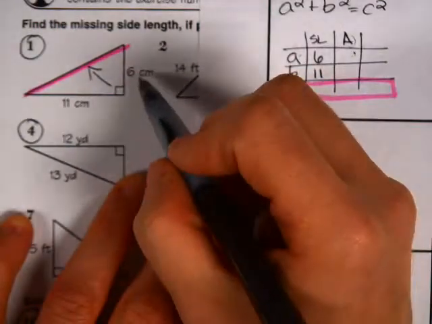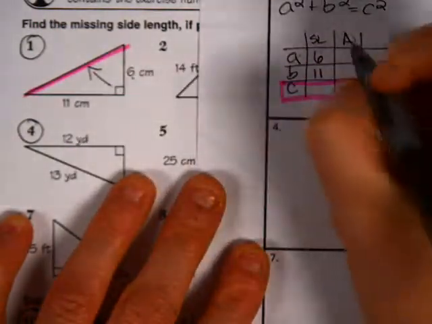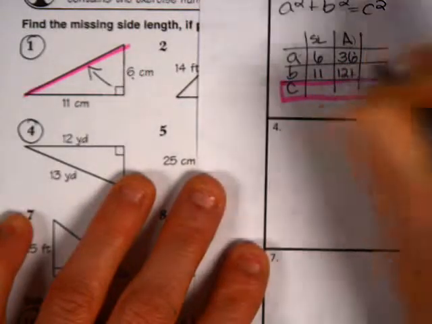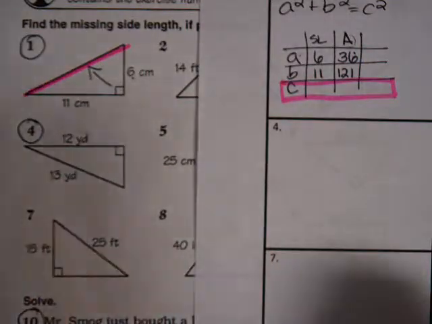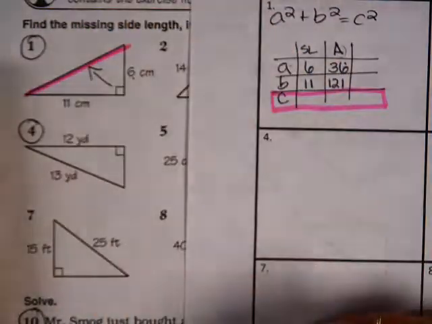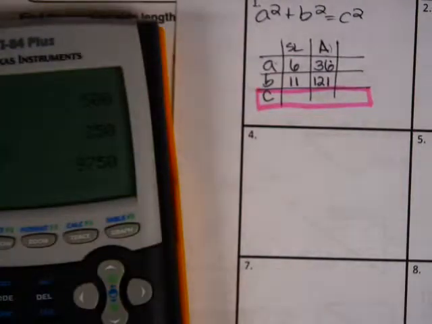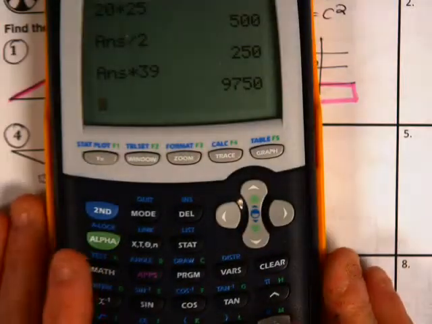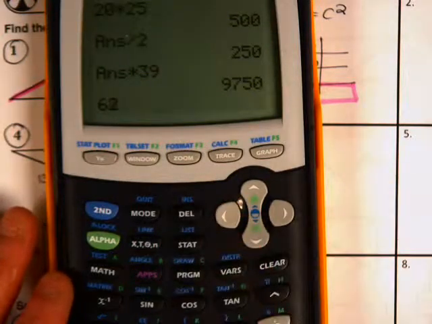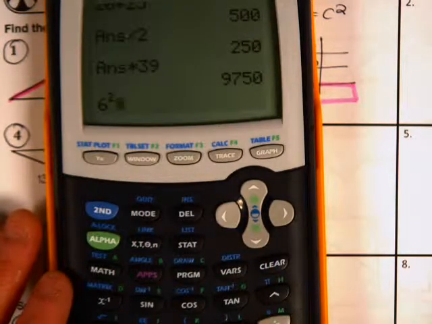That's what A is. So 6 times 6 is 36. 11 times 11 is 121. Alright, we remember the two small things add to equal the big. So we're going to have to add, and guys, you can do it in your calculator where it's just 6 squared plus 11 squared.